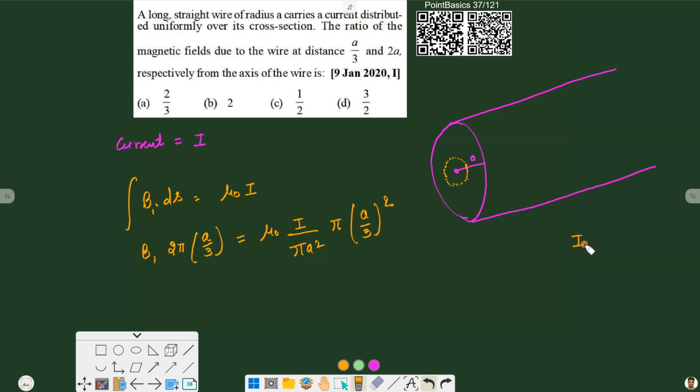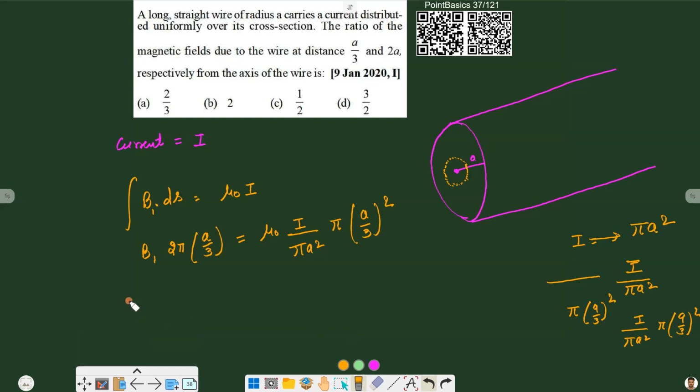It is distributed over pi A square area, so current per unit area is I by pi A square. When we consider a circle of radius A by 3, its area is pi into (A by 3) whole square. So the current in this area will be I by pi A square into pi (A by 3) whole square.